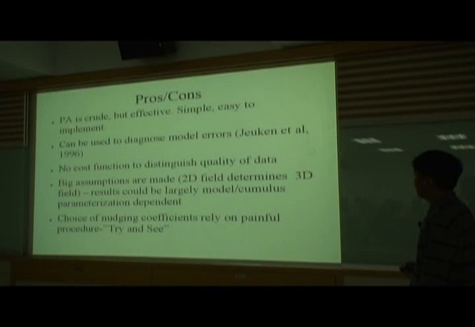So our scheme is crude but effective, simple, easy to implement, and can be used to diagnose model errors, and there is no cost function to distinguish the quality of data. But big assumptions are made, in that we control the humidity profile, which is a 3D field, using just a 2D field.